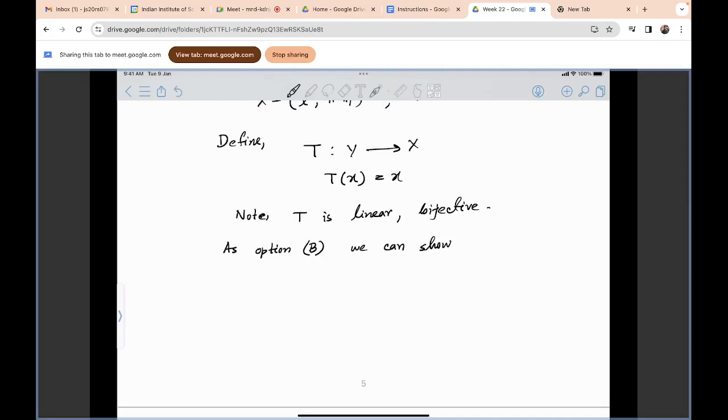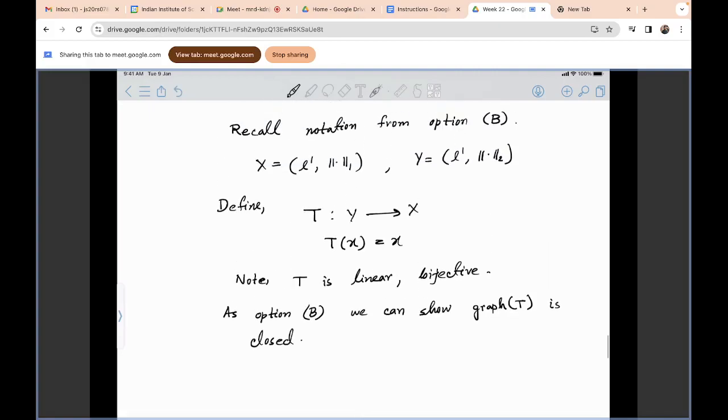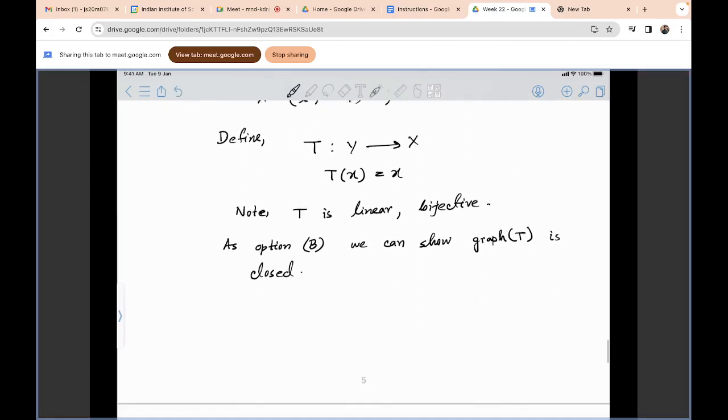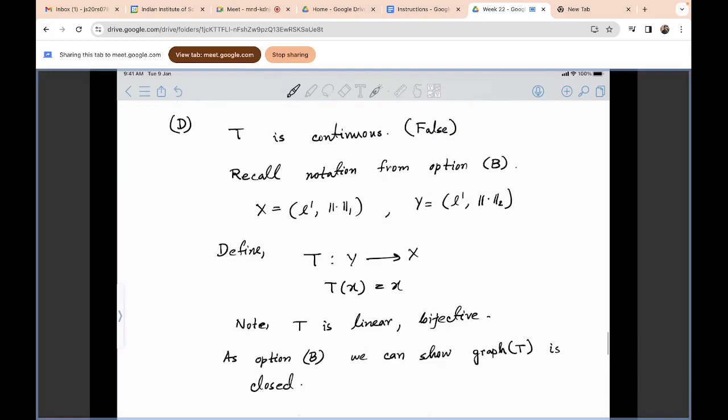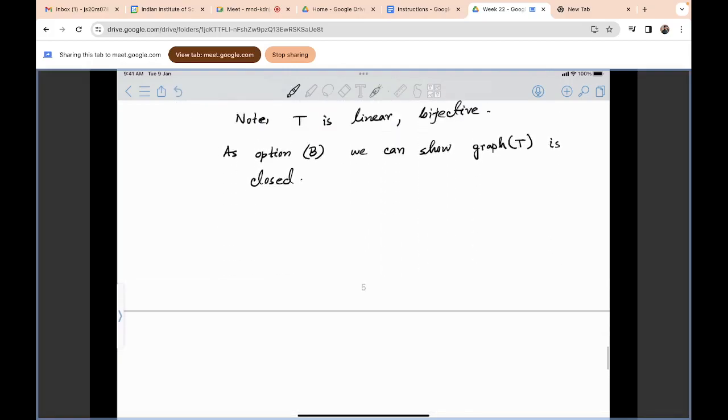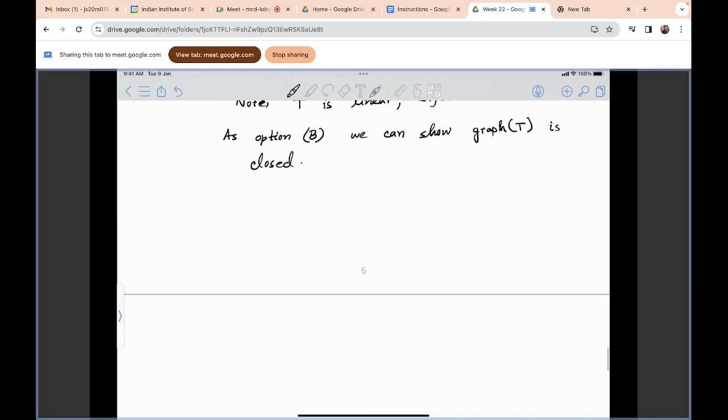You can show that the graph of T is also closed. So this operator satisfies the hypothesis of our problem. Now we have to check that T may not be continuous. So in this example, T is not continuous, but it satisfies the hypothesis.